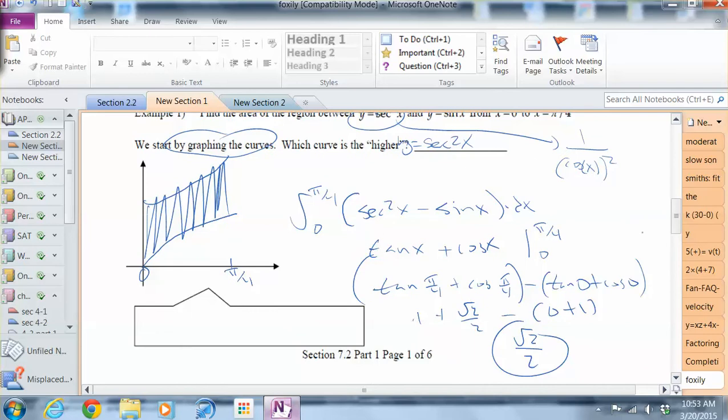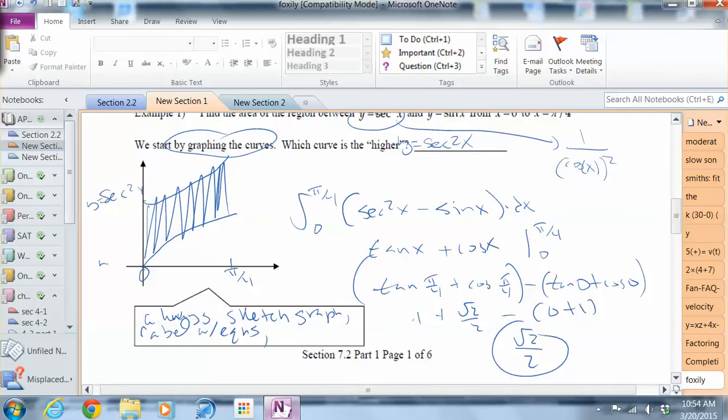Great. And another thing to keep in mind is that you always want to sketch the graph, label with equations, which actually I didn't quite do. So that was secant squared x.